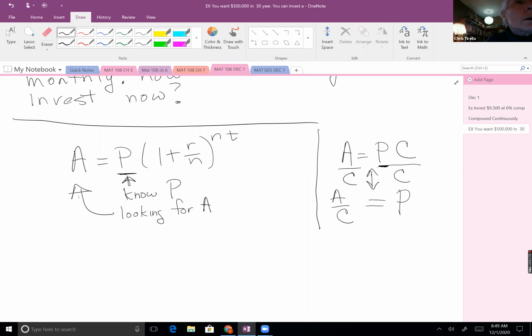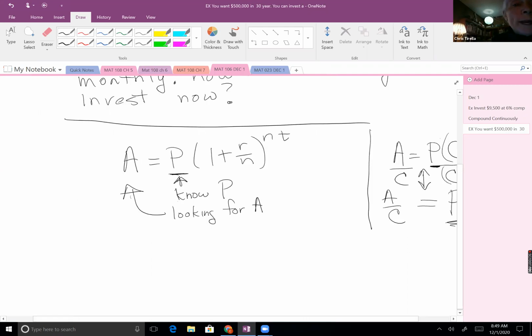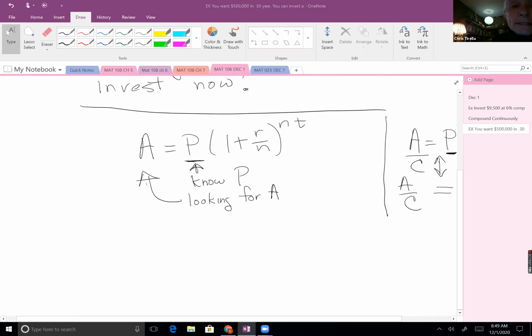It confuses me a little bit, but I think I understand. We're just going to divide out what the P is being multiplied by in order to get the P alone. We end up doing the exact same type of work over here, but instead of a single variable, we've got that ugly expression.